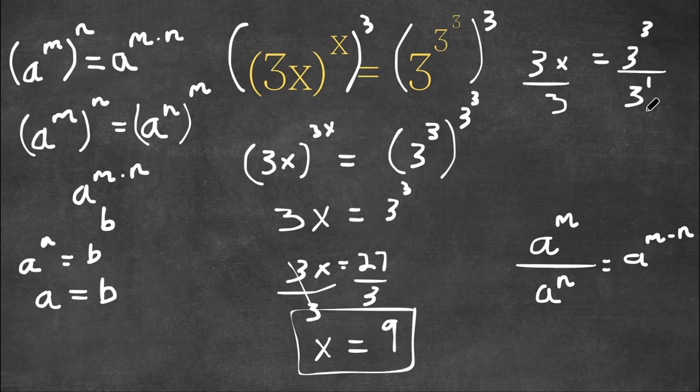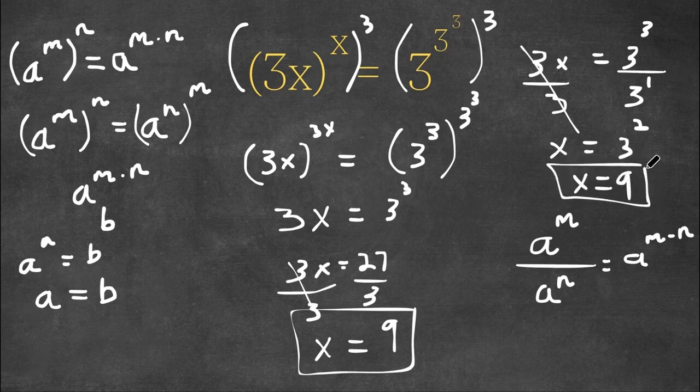So 3 to the power of 3 over 3 to the power of 1 is equal to 3 to the power of 3 minus 1, which is simply 3 squared. And for our left hand side, these cancel out, and we get x is equal to 3 squared, and 3 squared is 9. So we get x is equal to 9. So that's our second way.